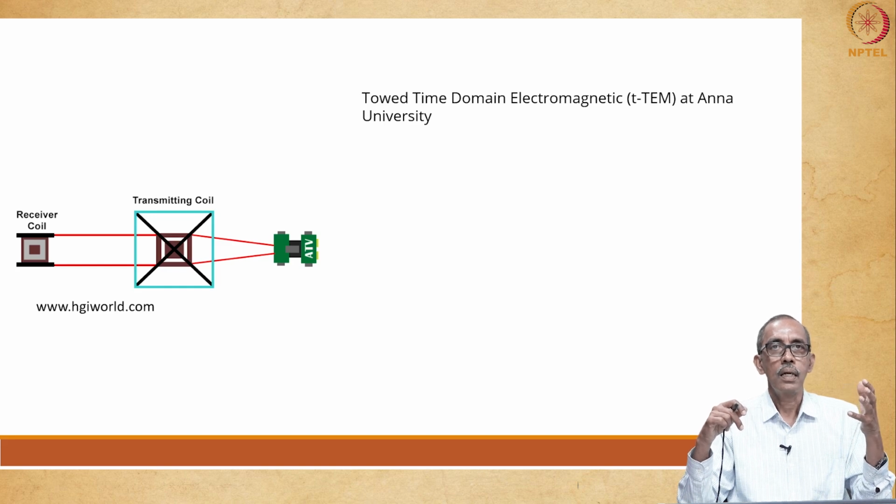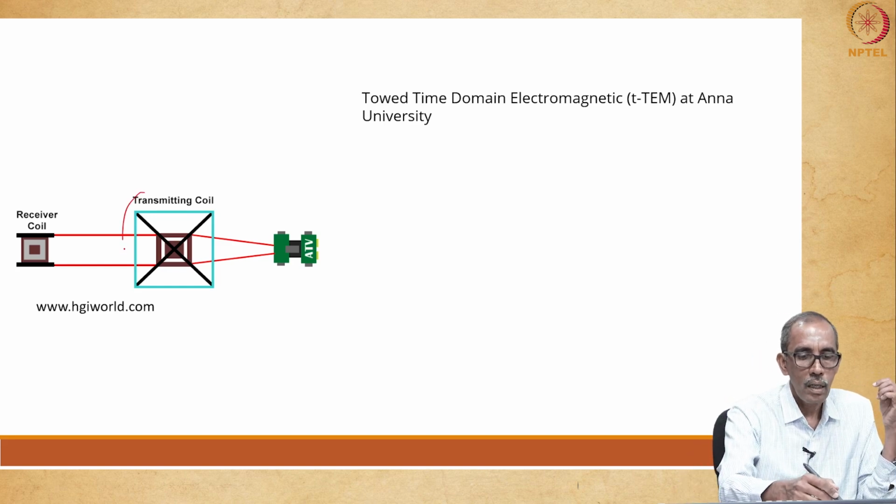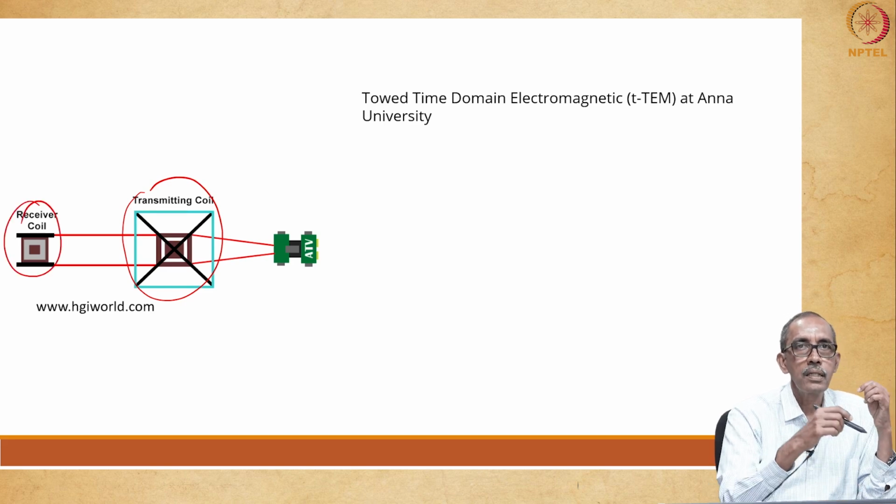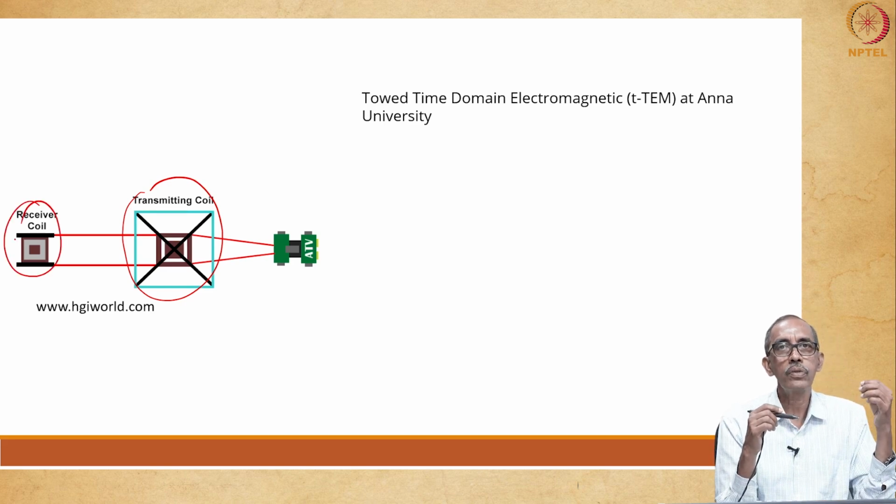Now, let us have a look at a much more sophisticated way of simultaneously measuring both the signals which we have transmitted, on the go. That means the transmitter coil transmits the signal, the effect of that is picked up by the receiver coil, all done in a few seconds. Within a second, several measurements are taken.